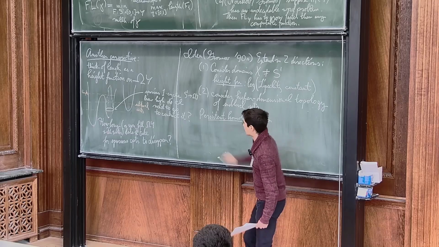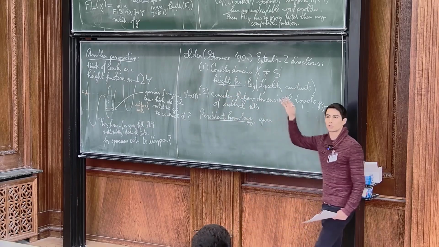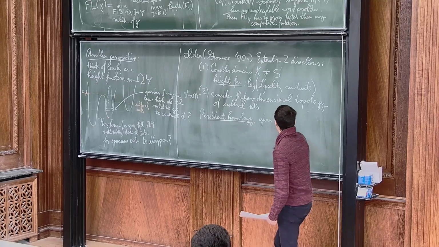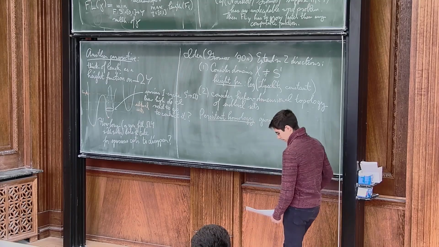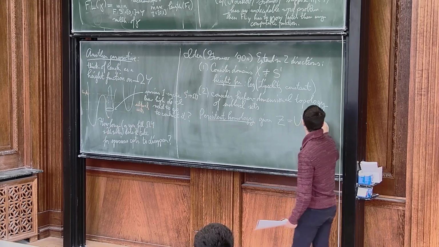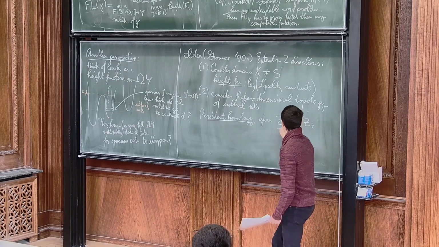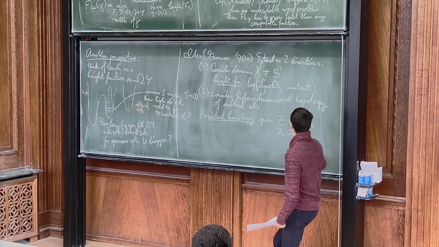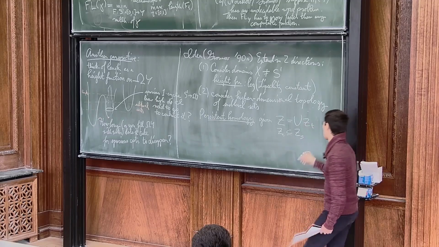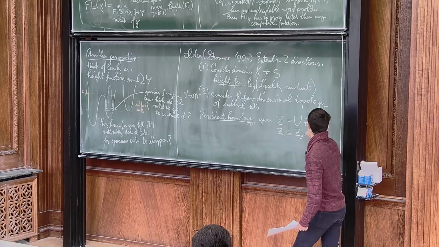Someone gives you a space and a filtration of that space. Let me call the space Z, and it's the union of some Z_t, where this is an ascending set as you go through this continuous time variable.